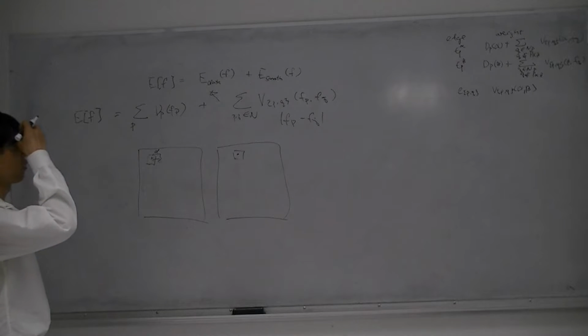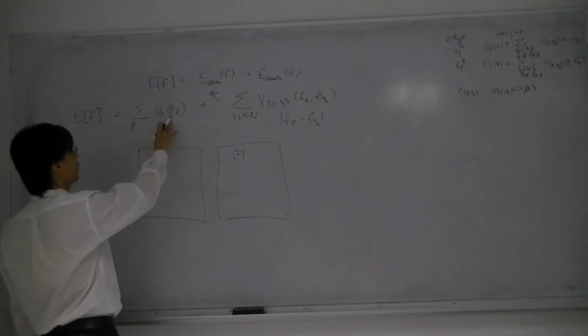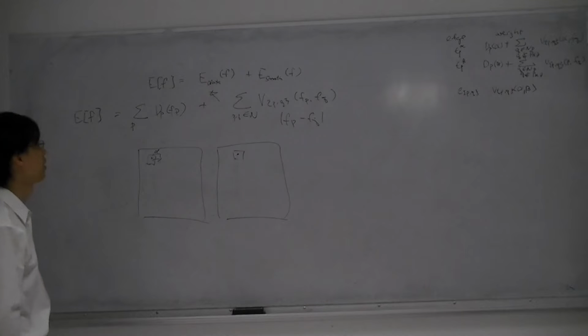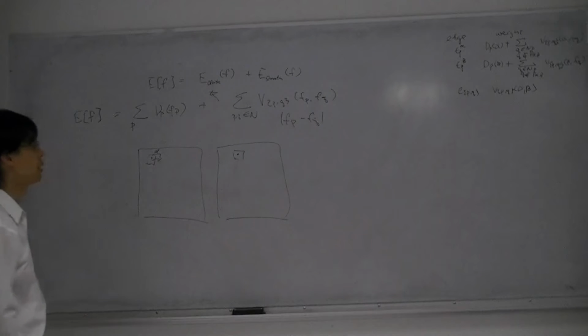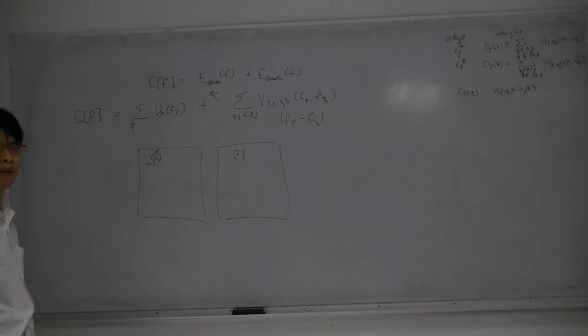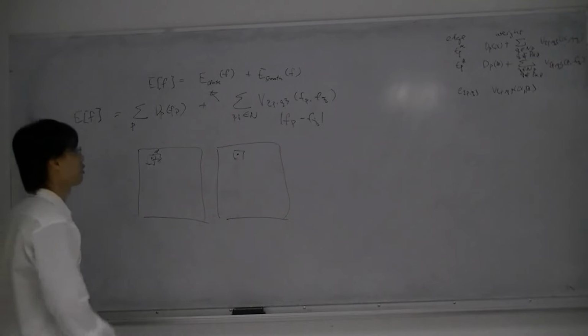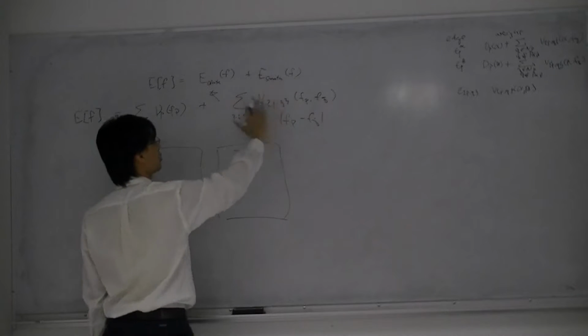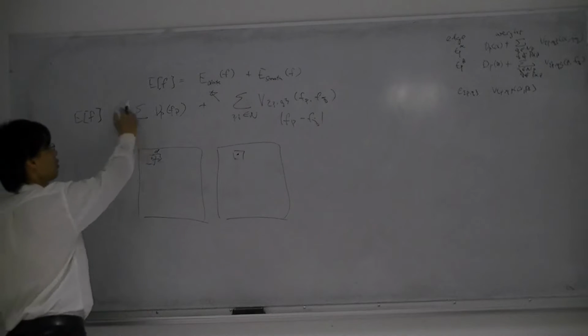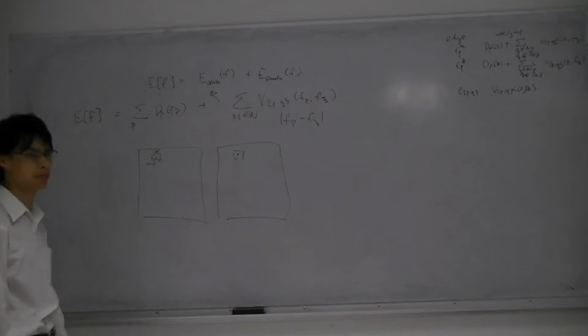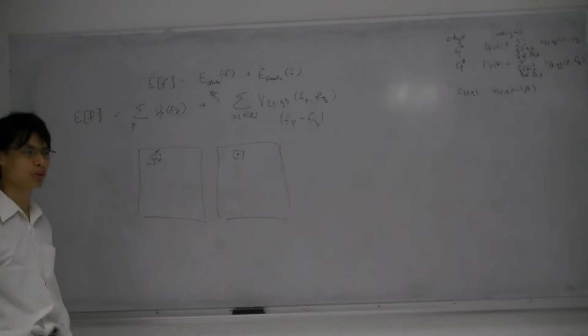My goal is really to find this labeling function F here so that the energy function is minimized. If you're not familiar with this, it's just some kind of minimization, where you look at local information and also want to make sure of the smoothness.